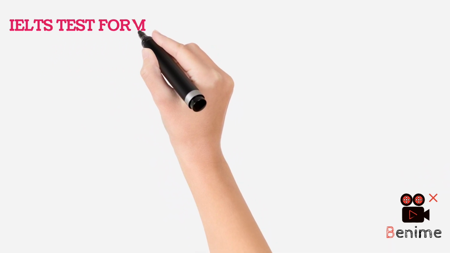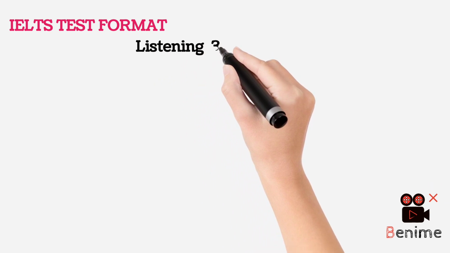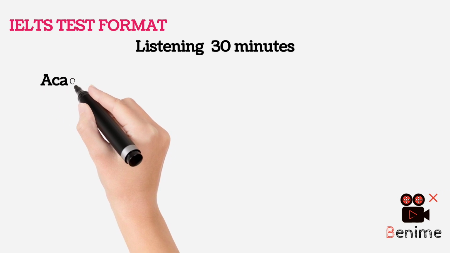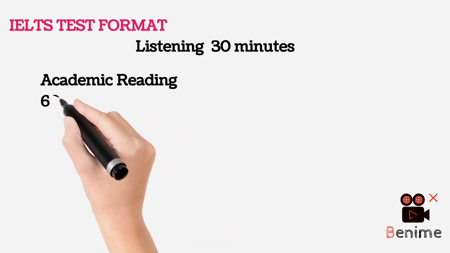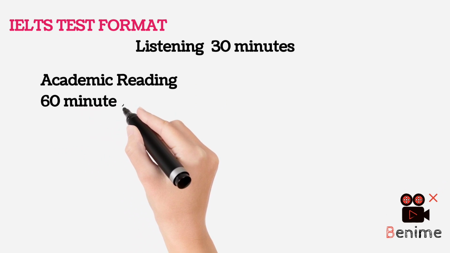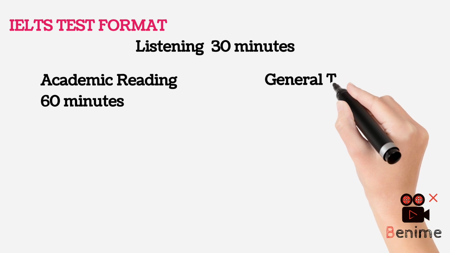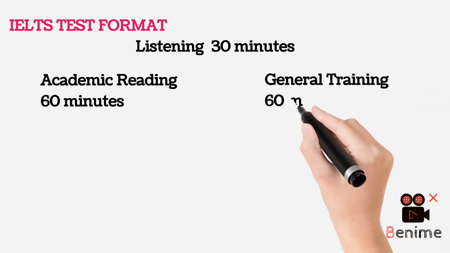When we talk about the IELTS test format, it has 4 skills to assess. One is your listening, which is same for academic and general training test. It takes 30 minutes for the test. Your academic reading and general training reading test is different.